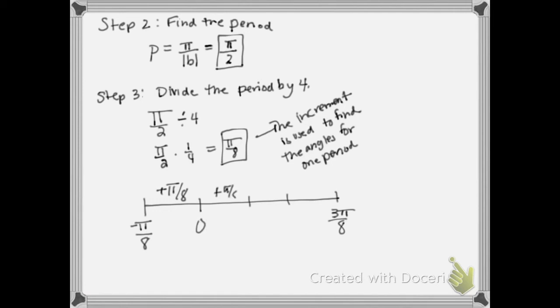Plus another pi over 8 gives me pi over 8. Plus another pi over 8 gives me 2 pi over 8. And if I add another pi over 8, I get 3 pi over 8. I'm going to reduce 2 pi over 8 to pi over 4. So my angles are negative pi over 8, 0, pi over 8, pi over 4, and 3 pi over 8.